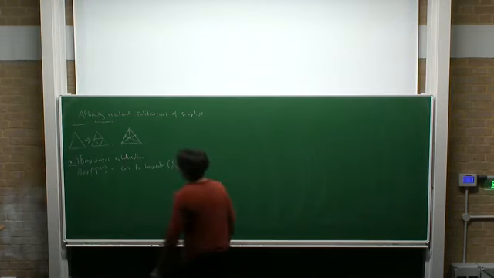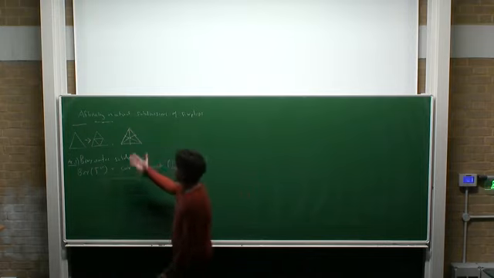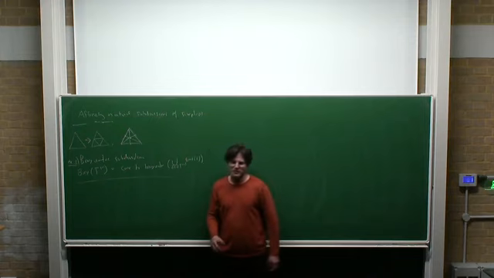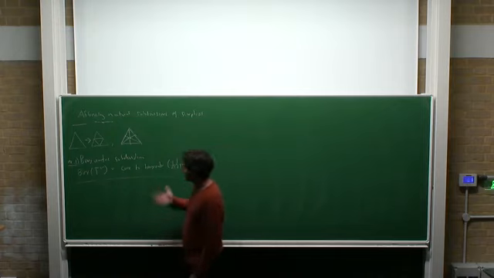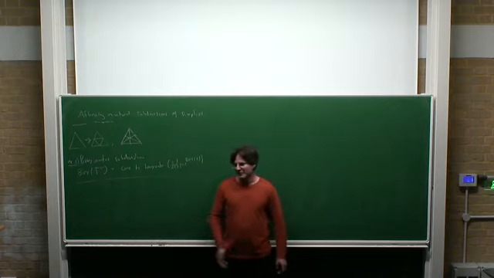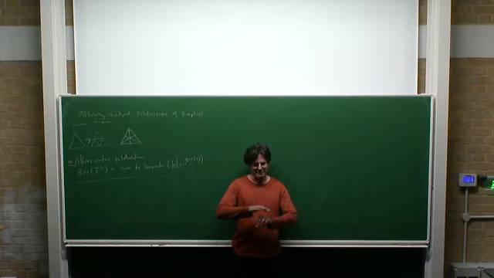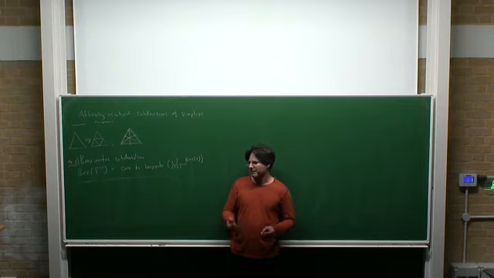One reason you might be interested in subdivision schemes is if you were doing some kind of numerical approximation, like looking at a function on a surface, you would compute it in terms of some triangular mesh on the surface, and then if you wanted more information about the function, you could subdivide the triangles.